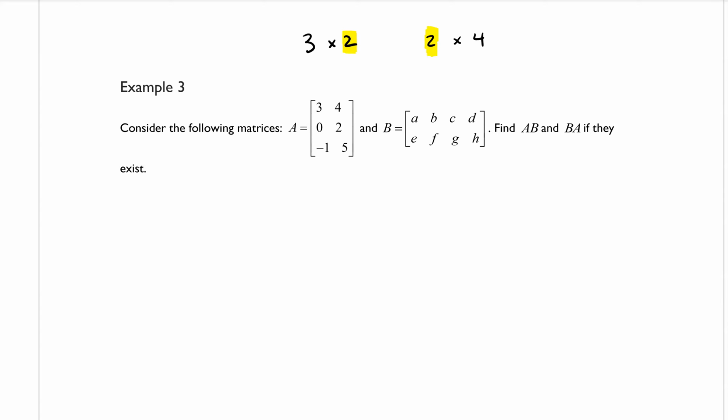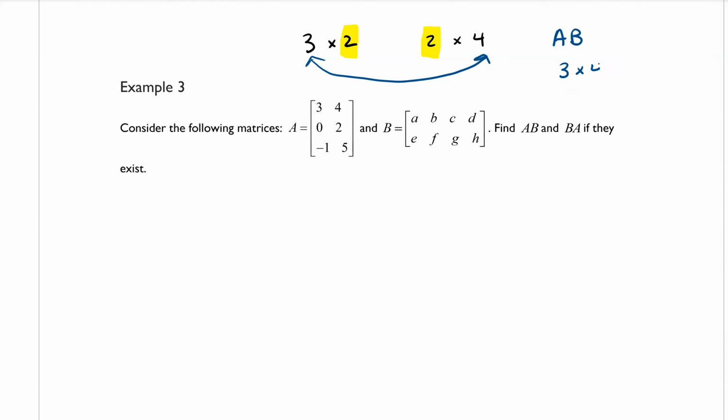So since the inner two numbers are both 2, we will be able to multiply these matrices together. And the resulting matrix is going to be whatever the outer numbers are. So in this case, if we multiply A times B together, that resulting matrix is going to be a 3 by 4 matrix.